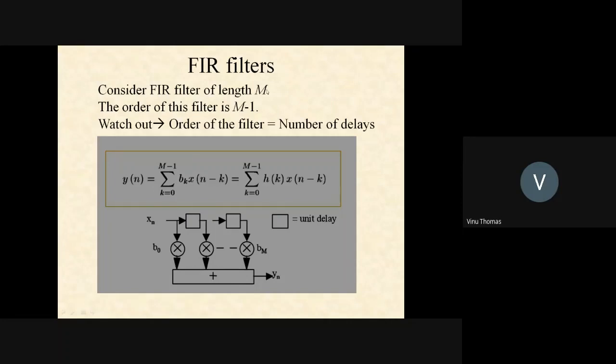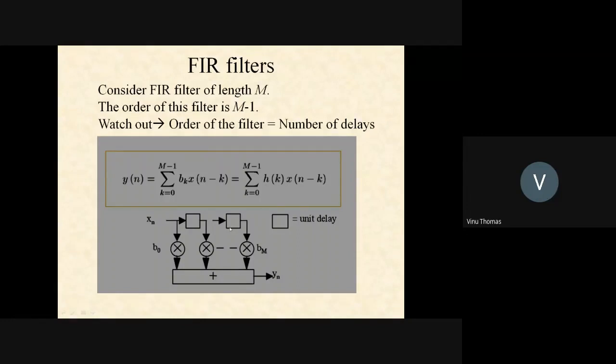Now, for this filter of length m, the order of the filter is equal to m minus 1, which means the output is a function of the present input and up to the m minus 1th delayed version of the present input, that is, up to the m minus 1th past input. So you look at the order of the filter as the number of delays.